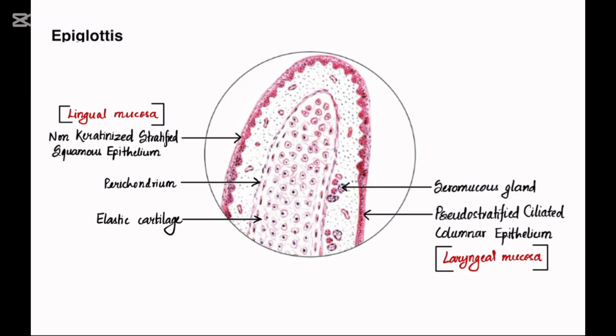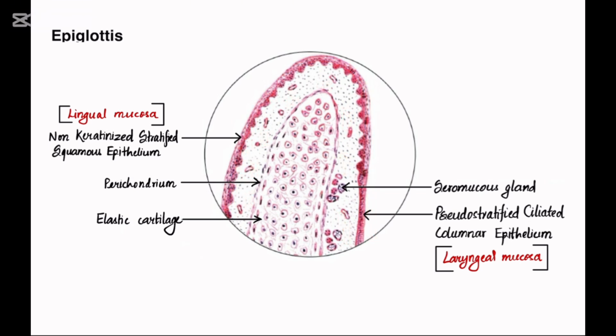All right, one last revision of complete histology slides of respiratory system. First, epiglottis. Epiglottis has an elastic cartilage core which is covered by mucosa. The mucosa contains epithelial mucosa and lamina propria.